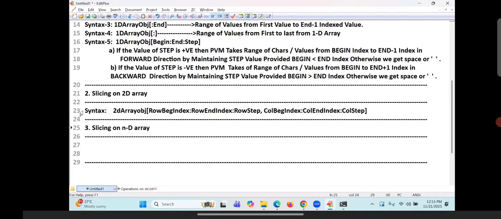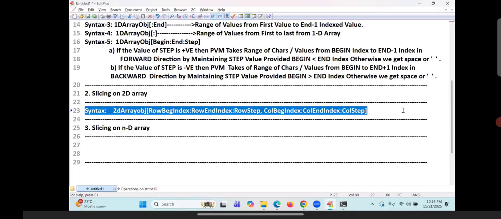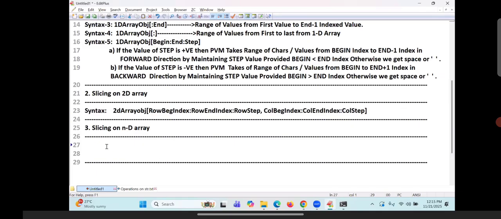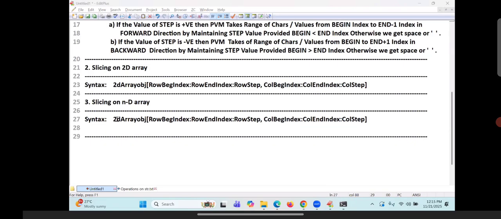Right. I am going to enter into ND. It may be 2D, it may be 3D, it may be 4D. I am going to take 3D. Why is this normal? Every matrix contains row begin, row end, row step.